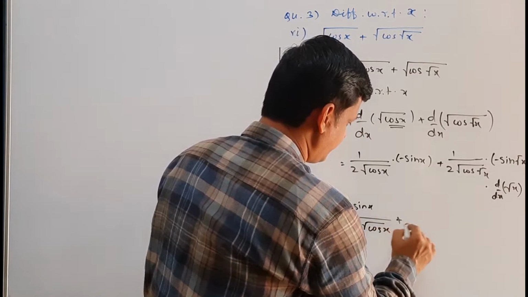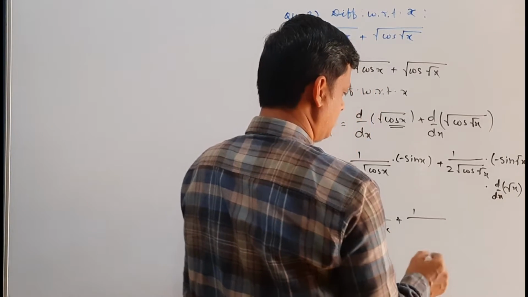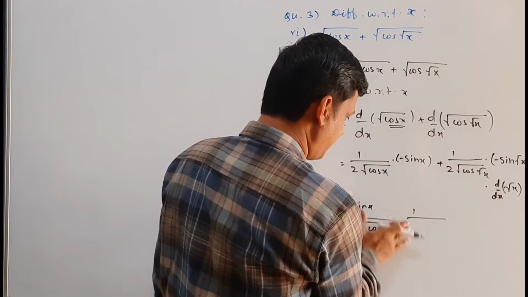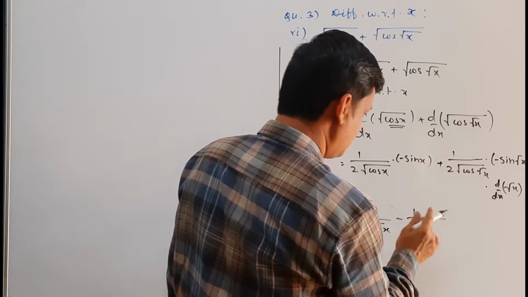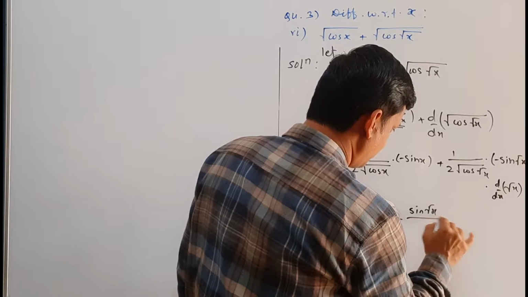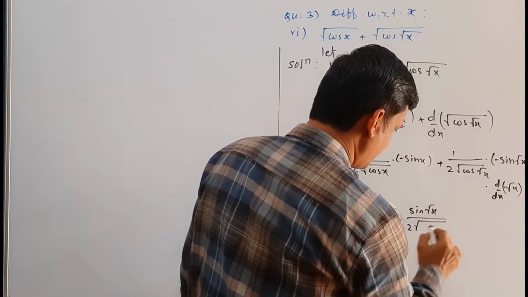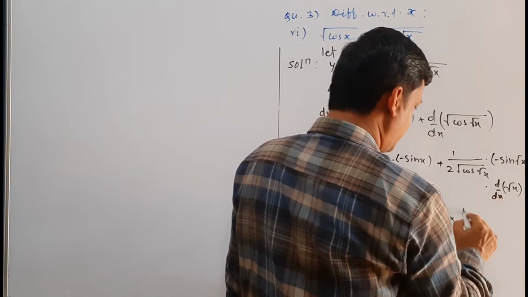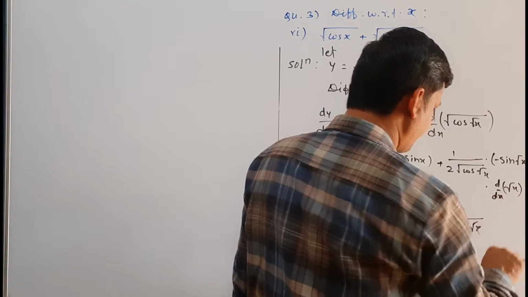Then plus, we write this minus sign with this, so plus minus becomes minus: 1 into sin of root x, as sin of root x upon 2 root cos of root x, into the derivative of root x, which is 1 upon 2 root x.